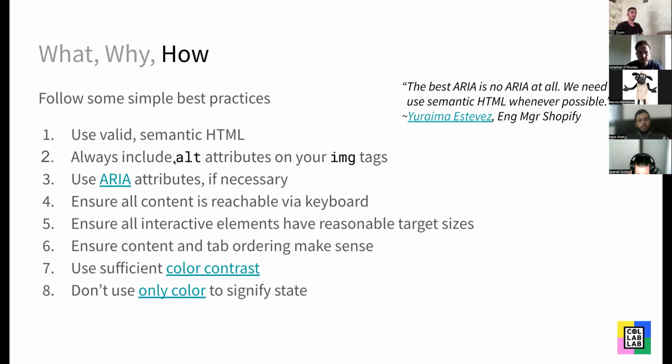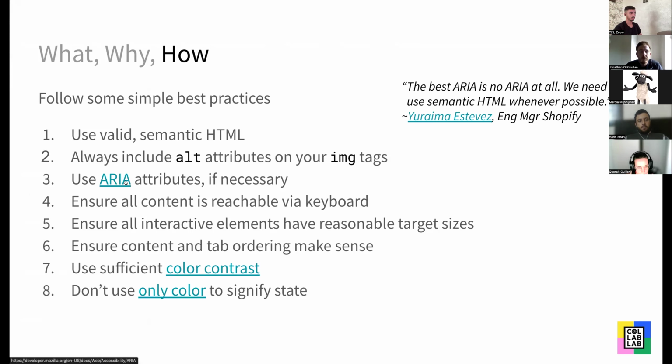And always include alt attributes on your image tags. Sometimes there is a need to use an empty alt, but anyway, it should be there, even if it's empty. And if it's not empty, it should be descriptive of what the image reflects.